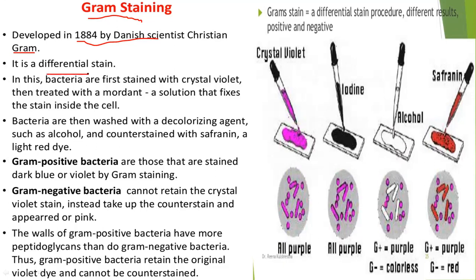It is a differential stain, so we can differentiate between bacteria. First of all, we stain the bacterial film, or culture, with crystal violet. You can see here that they are stained with crystal violet, then treated with a mordant, a solution that fixes the stain inside the cell, which is iodine.